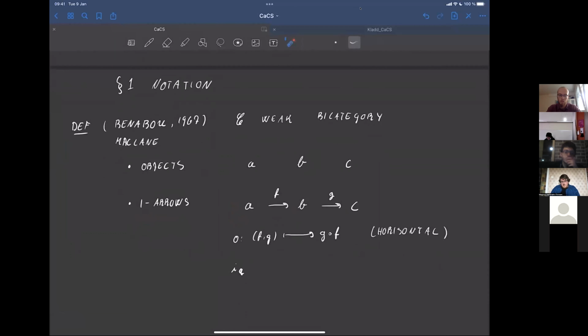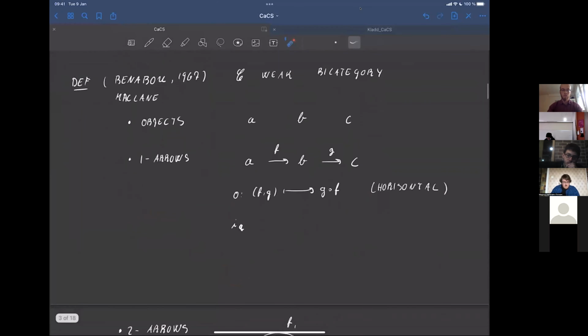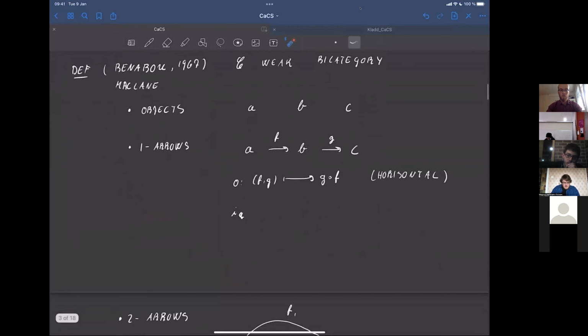We have a horizontal composition rule, and for each object we have a unit one-arrow, which I will denote by this. So far, it is in a quite similar setting as the original or usual classical category.